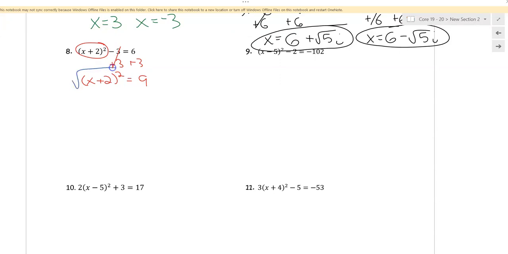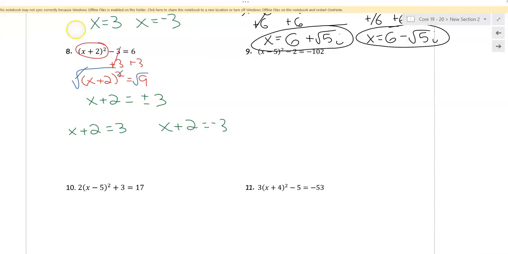I'm going to take the square root of both sides. That squared and that square root cancel out. So I'm left with x plus 2 equals, the square root of 9 is positive or -3. So that's x plus 2 equals 3, and x plus 2 equals -3.